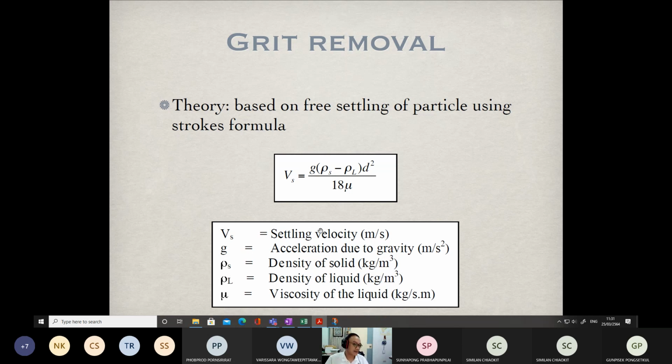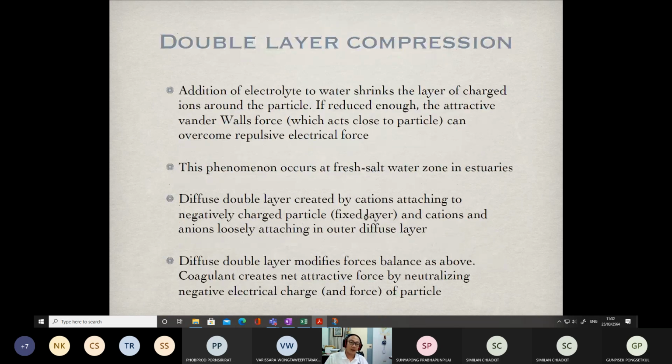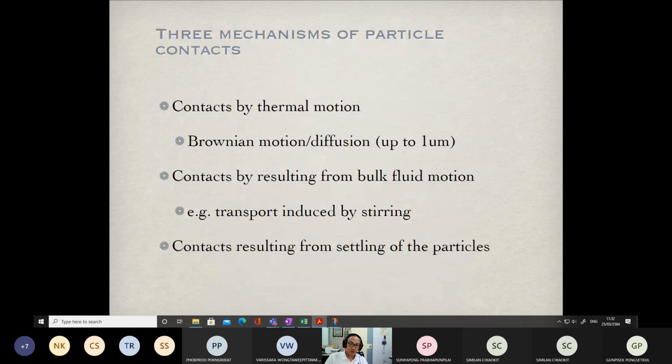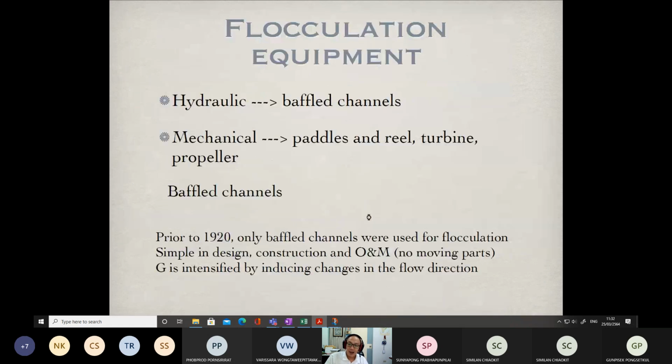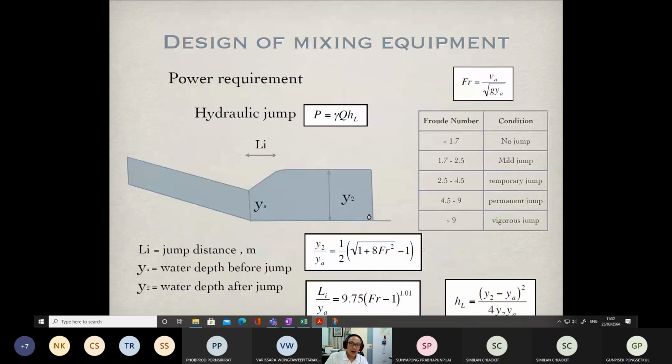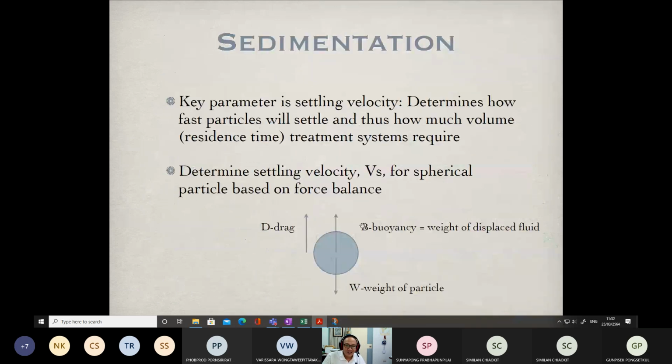So how do we obtain this equation? You can just go forward to this slide. Okay, this one, not this one. Next, in the sedimentation.